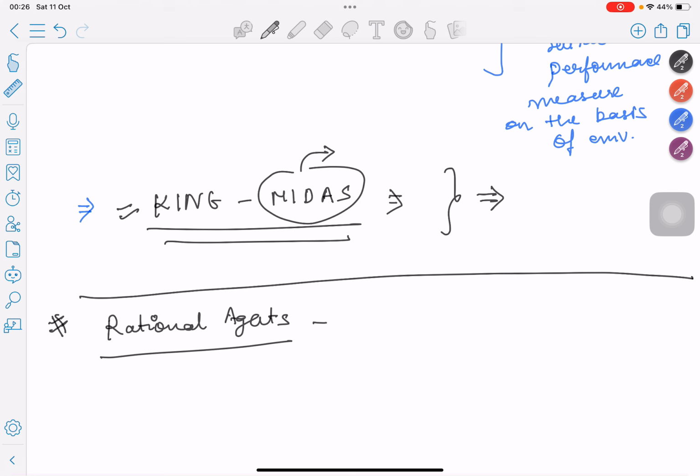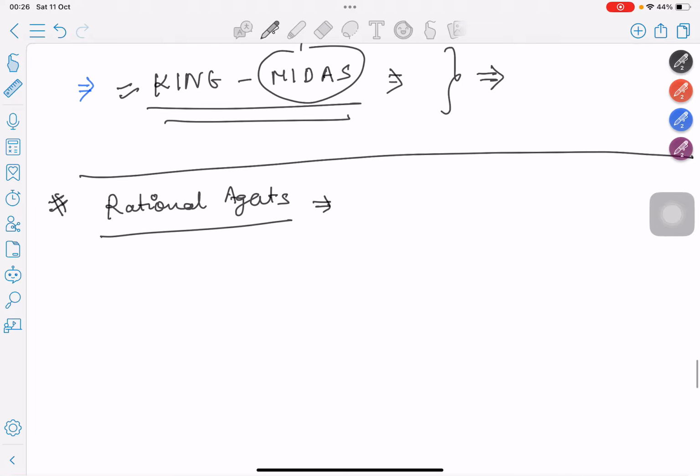Given what we have understood so far about agents and performance measures, a rational agent can be defined as follows: for each possible percept sequence, you know that agents perceive with the help of sensors certain conditions of the environment, not only the current condition but also the past history.